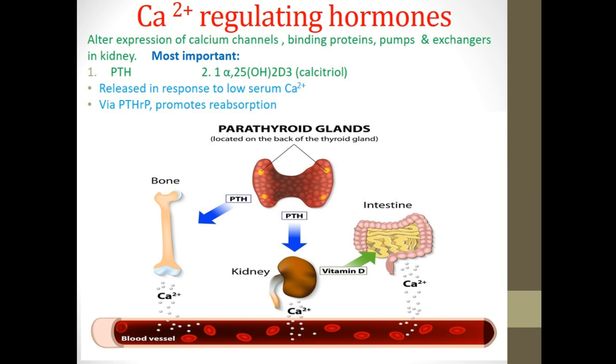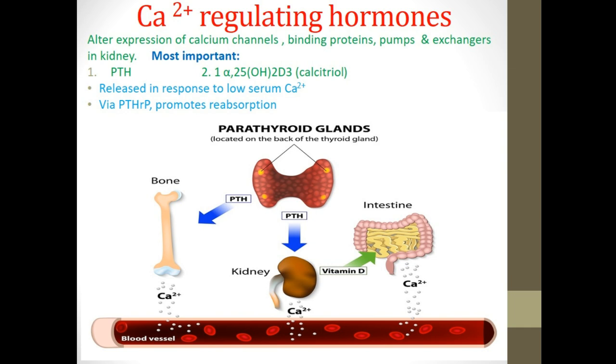Because at low calcium in the serum, at that time only PTH comes into role, because it has to reabsorb calcium from the kidney cells, because in the blood plasma calcium has already come down to a low level. So in order to compensate that problem, the reabsorption process will be promoted by this hormone PTH.